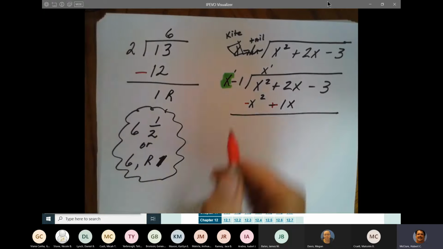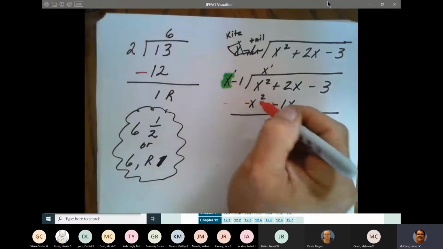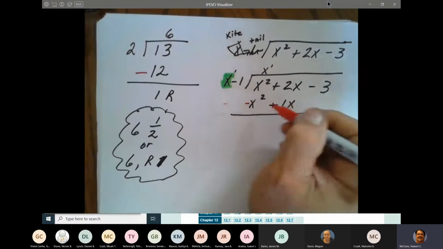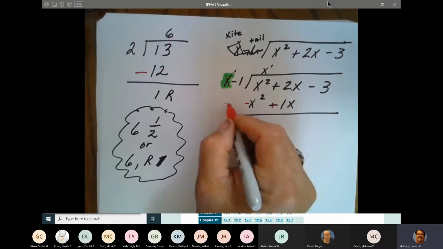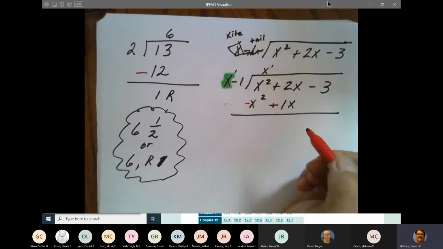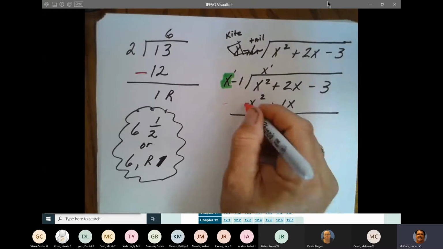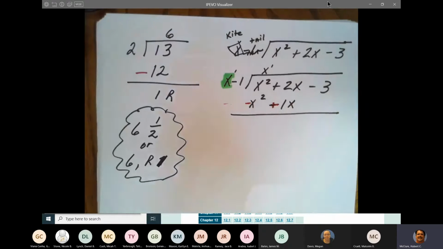You can either make a big negative out here and say x squared minus x squared and 2x minus -1x, or you can distribute that big negative out here with two little negatives. And that's what I do. So that would make this a negative and make this negative a positive. Now that's the way I do it.